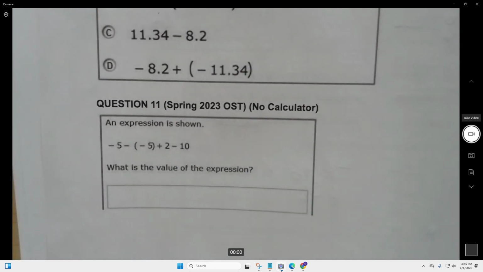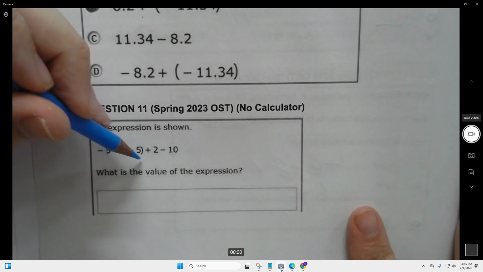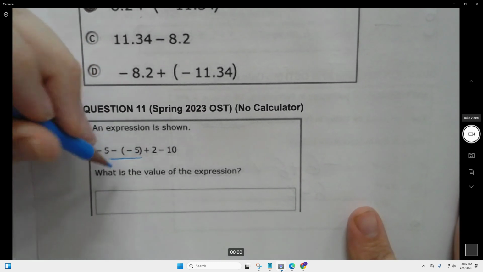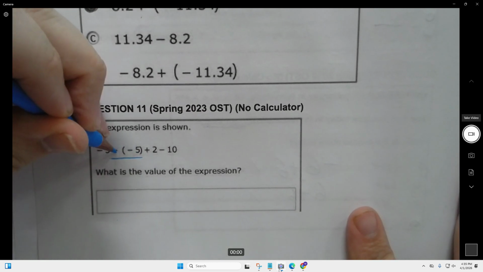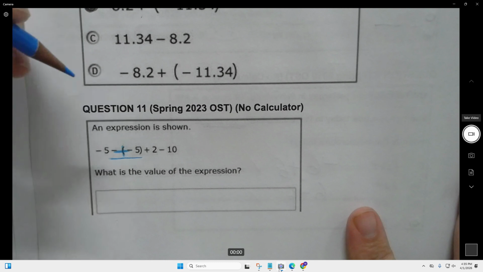All right. Question 11, Spring 2023, OST, no calculator. An expression is shown. What is the value of this expression? So, first we want to address this situation right here. This negative and this negative will come together to make a positive.